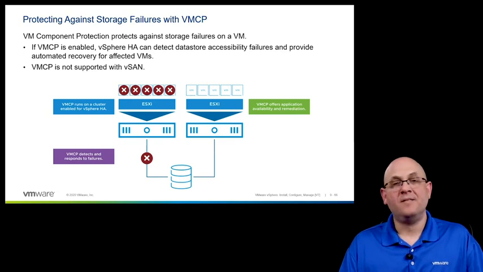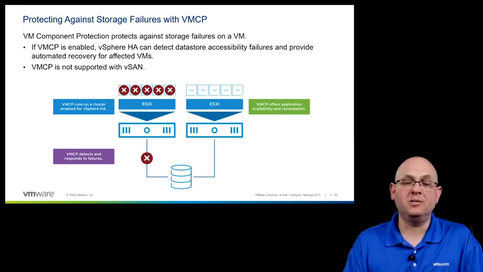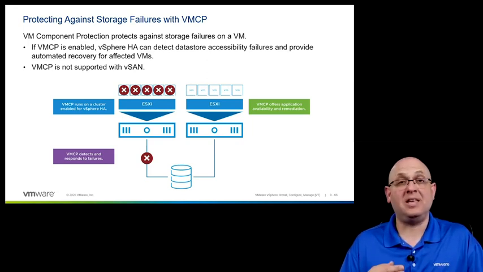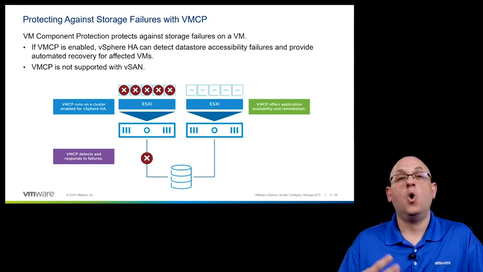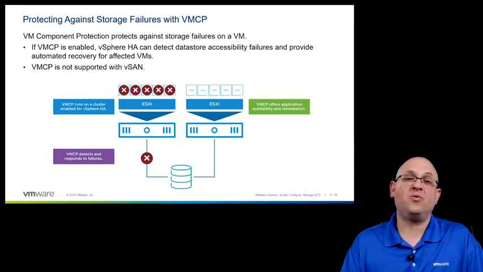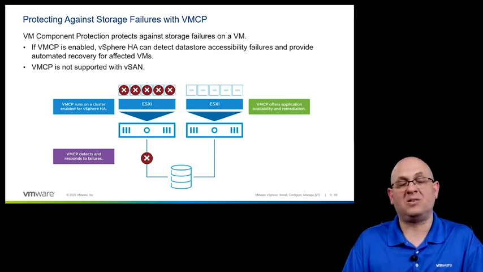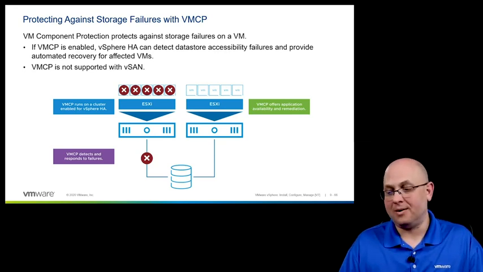In that case, virtual machine component protection will either restart virtual machines on the same hosts if the storage network comes back within the first 150 seconds, or it'll restart virtual machines on other hosts if the storage network takes longer than that to come back, okay?